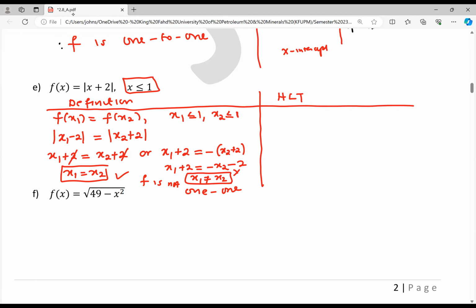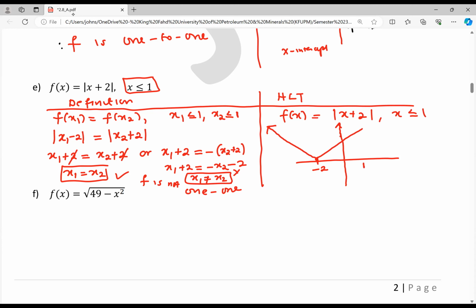Now, graphically, you need to graph this one using the horizontal line test. This is x plus 2, and this is just the absolute value. x plus 2 will be somewhere here. Here will be minus 2, right? Then you will have this. This will keep going. But on this side, there is a condition. What is the condition? x less than or equal to 1.